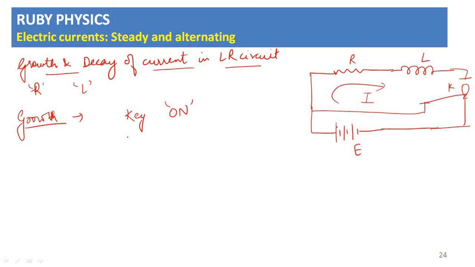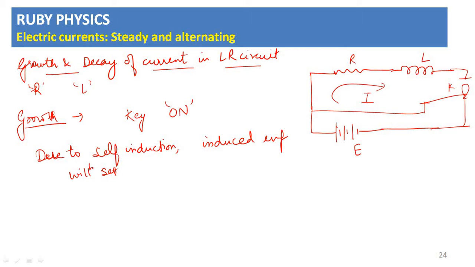As current starts flowing in the circuit, due to self induction there will be an induced EMF set up across L. According to Lenz's law, the induced EMF is in a direction such that it opposes the growth of current.